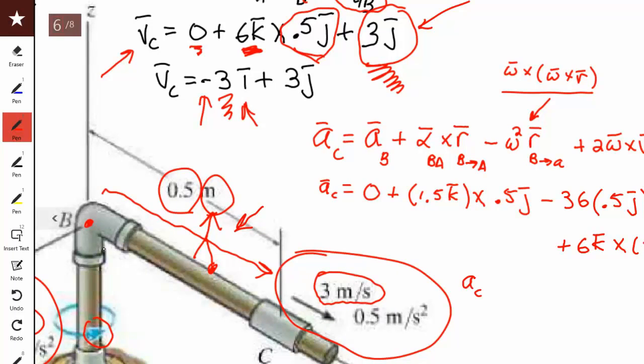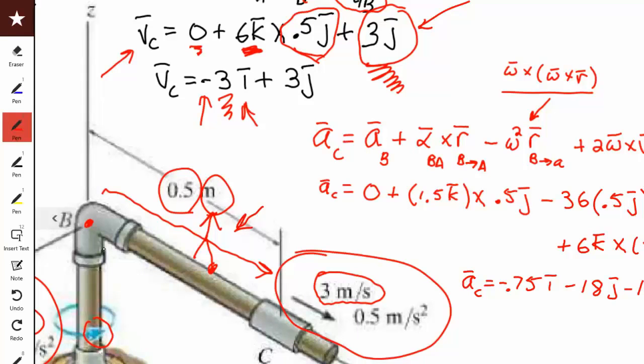The acceleration of C equals 1.5 times 0.5 is 0.75. K cross j is a minus i. And then I have minus half of 36, which is 18. So that would be minus 18 j. And then for the next one, I have 6 times 3 is 18. K cross j is a minus i.